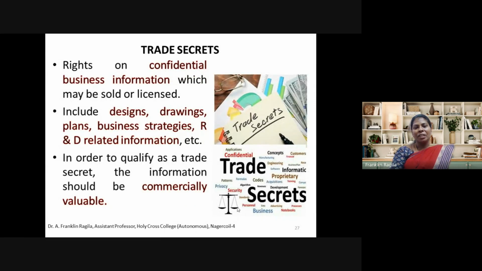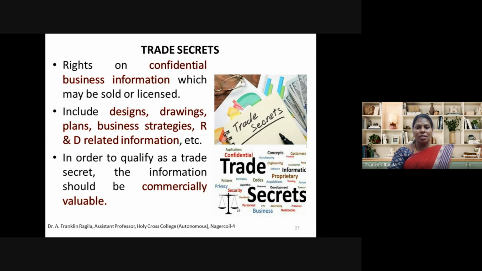And trade secrets. The last component of IPR is trade secret. So, what is a trade secret? The rights over whatever confidential business information we have, which can be commercialized, come under trade secrets. For example, the components that are mixed to make Coca-Cola are the best example of a trade secret.